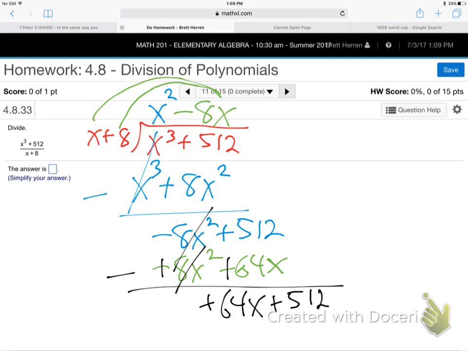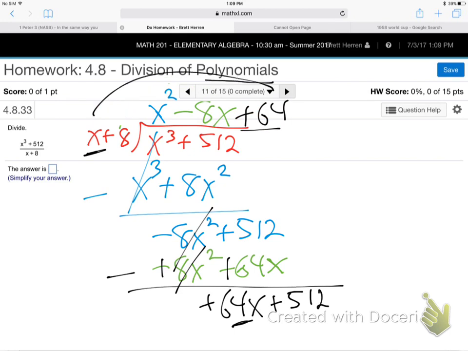Now, we're not done this time. How do you know? Well, because there's another term that can go. You can say one more time, what times the front will match the front? 64, plain 64, a positive 64 with no x at all. That's right. Everybody see that?